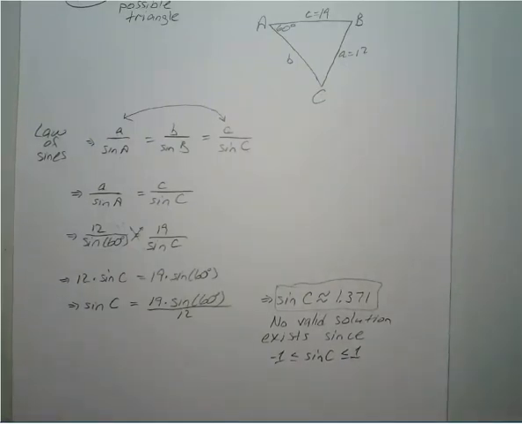Remember your graph of sine, it always bounces between -1 and 1. So unless it's being multiplied by something, there's no angle you can plug in for C that would give you a value larger than 1 or less than -1. So no triangle would actually satisfy the values given above.